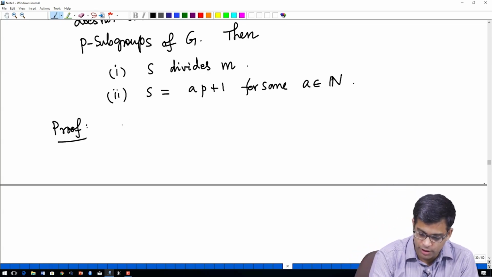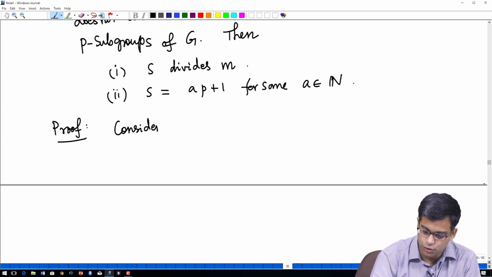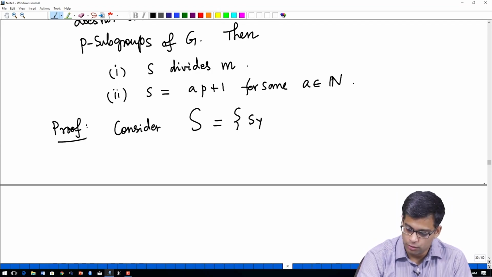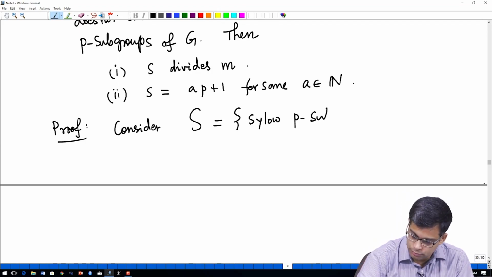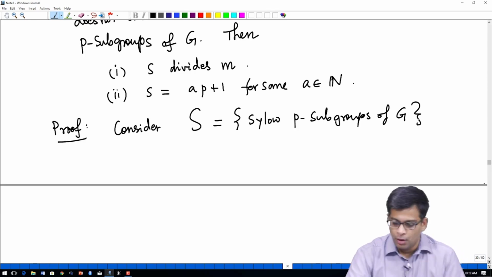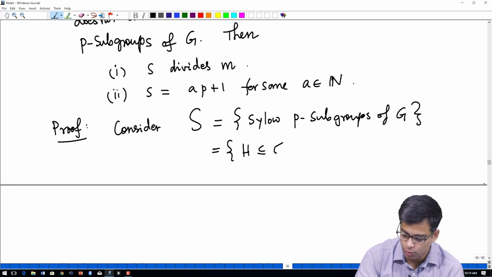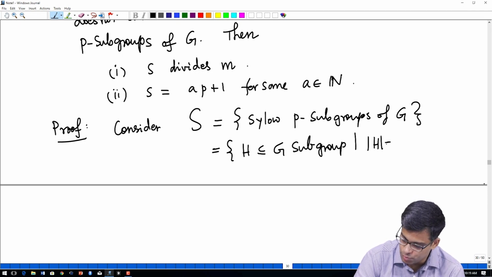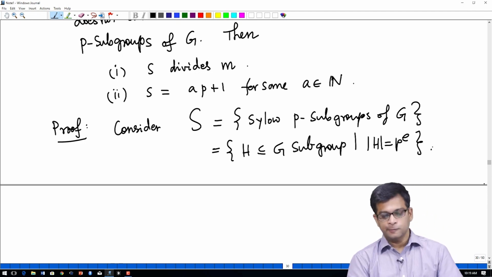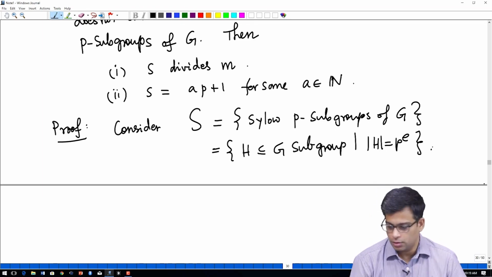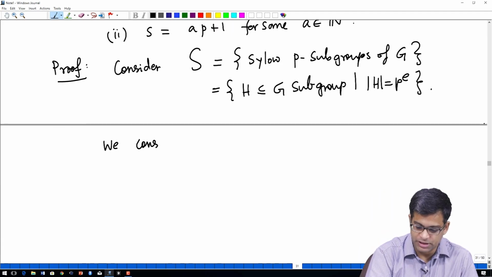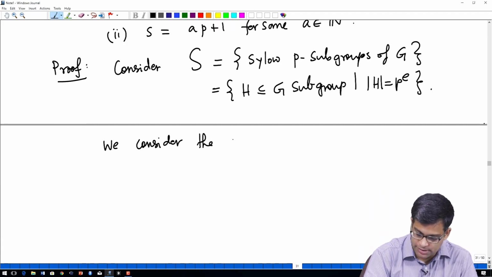The useful set here is capital S, the set of all Sylow p-subgroups, that is, H is a subgroup of G and the order of H is p^e. Now, we want to consider a G action on S.